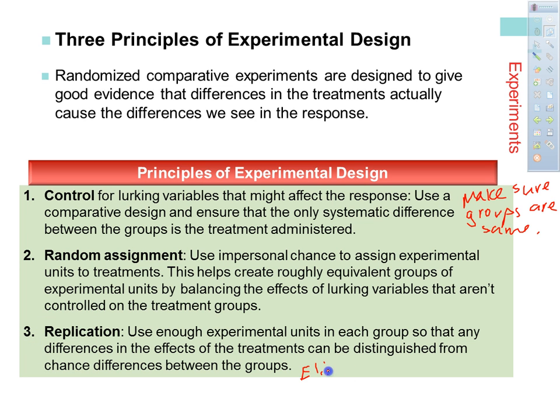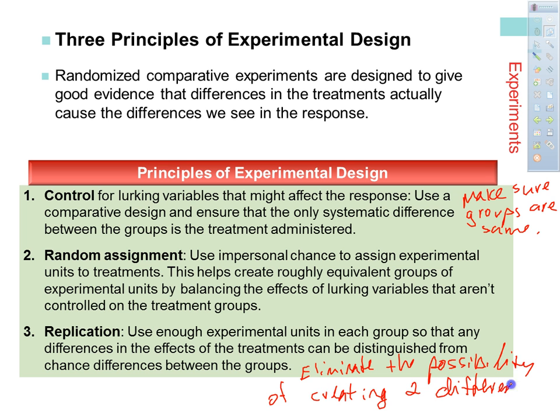The idea is to eliminate the possibility of creating two different groups, even by random chance. Okay? So we use enough that the likelihood is very, very small. So eliminate the possibility, probably can't eliminate the possibility, but at least make it very, very unlikely to happen. That's what replication means, right?